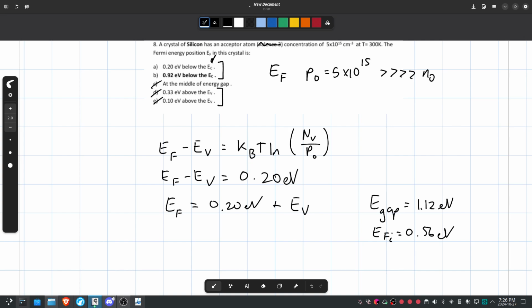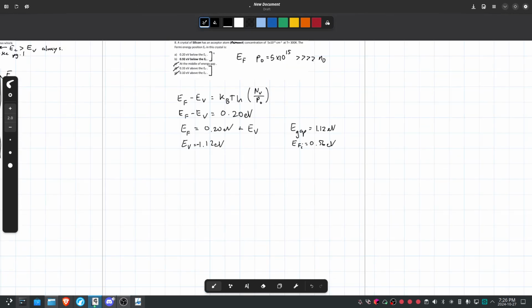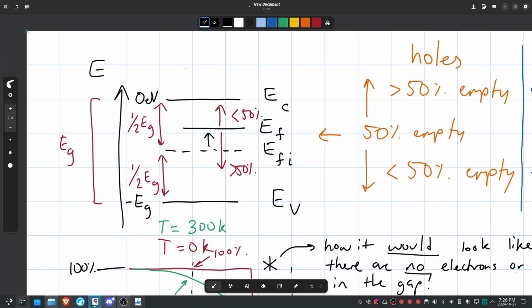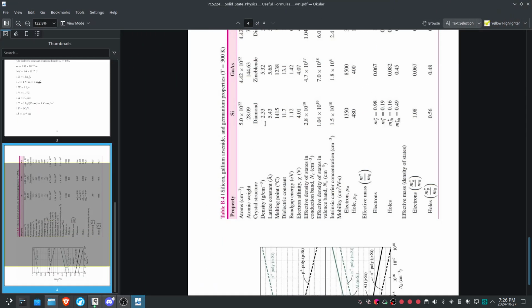Okay, so how do we put it in terms of the conduction band? Well, we could just substitute E_V. E_V is going to be negative 1.12 eV. Remember the diagram as I showed there earlier, right? If we go back up to here, the conduction band, is that a given? Yes, it is on your formula sheet. Right over here, and oh my god, it's sideways.